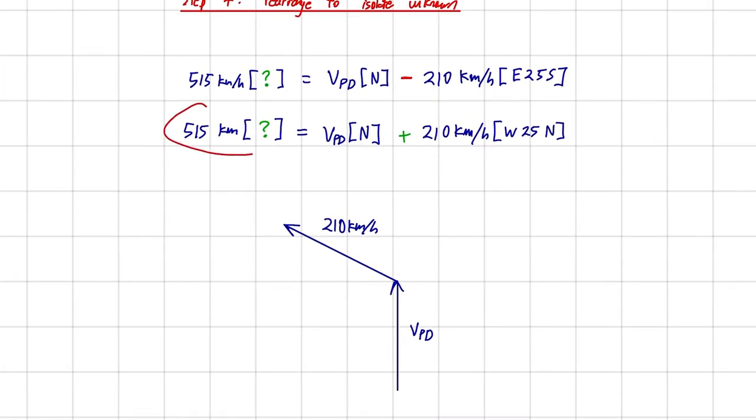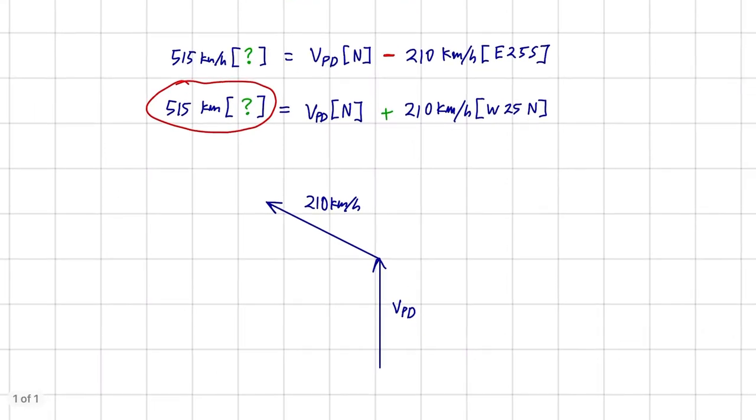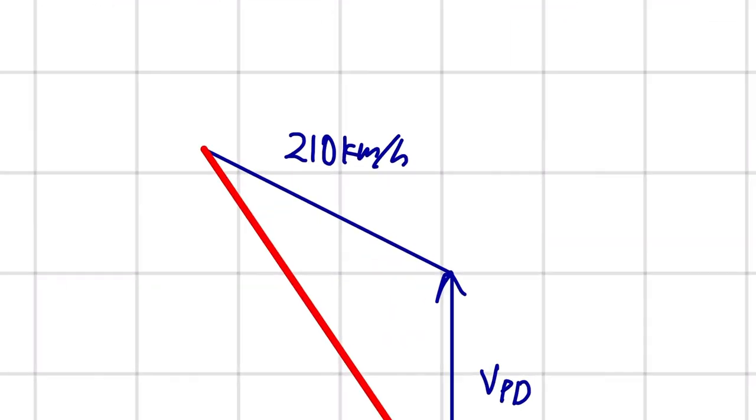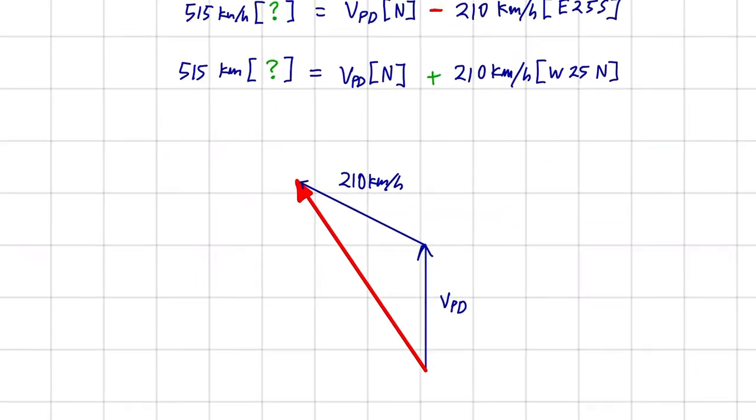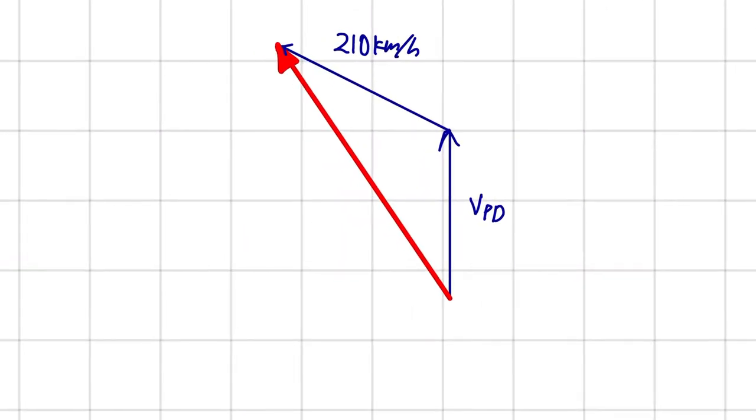Adding these two vectors gives us our 515. So when we add those two vectors, this is our value, our 515. And there's no clean way to draw these overlapping vectors, so you just gotta make the best of what you can, make it as clear and neat as possible.